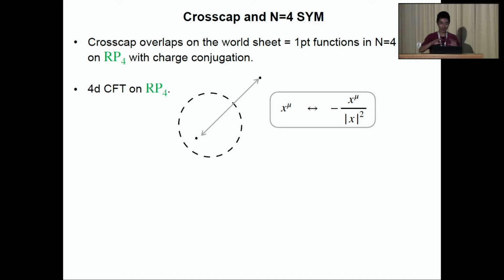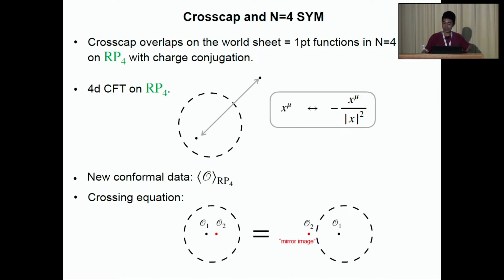So you basically take R4 and perform this identification. As a result, the fundamental domain is the exterior of this unit sphere, and you get a non-orientable space, which is RP4.